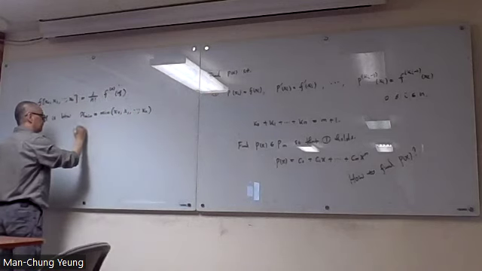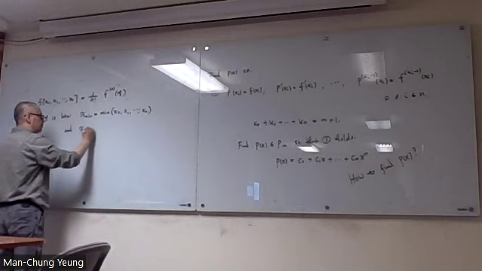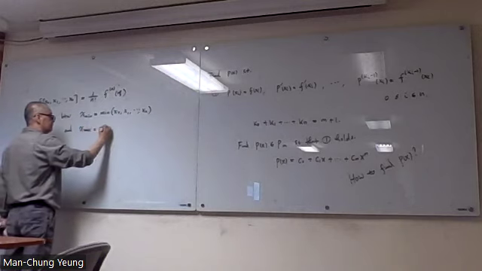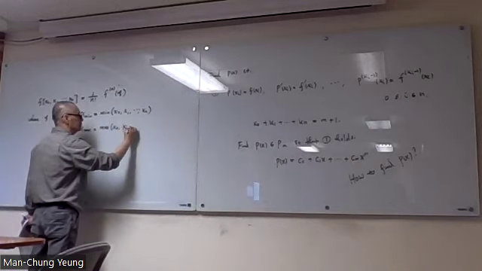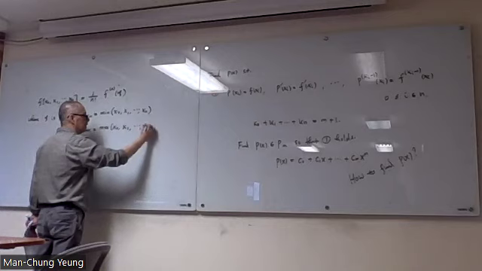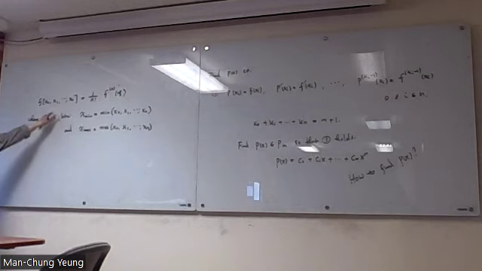and between x minimum and x maximum, where x maximum is the largest root. This is a property that I presented in the last class. In this formula, we assume the roots are different.